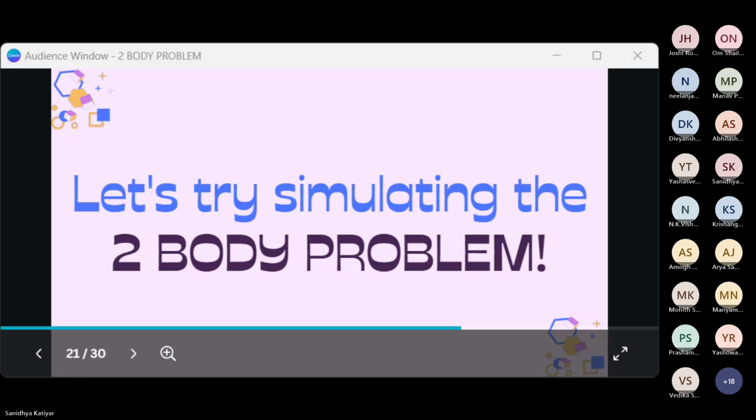Okay. So let's talk about the three body problem. Unlike the two body problem, the three body problem has no general closed form solution. That is, you cannot express the positions of those three objects using just mathematical expressions.